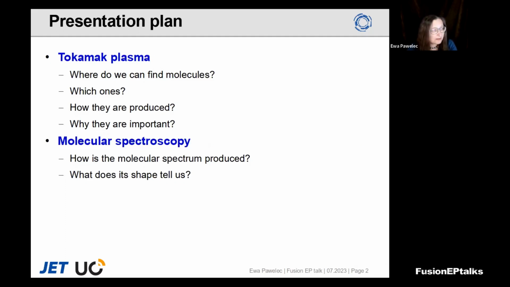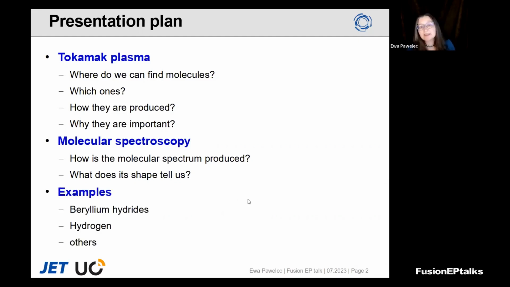And then how do we study, and especially about the shape of the molecular spectra, because the distribution of energy on the wavelength, meaning the shape of the spectrum, can tell us many things about how these molecules were created, how they are going to dissociate, and therefore how they are influencing everything that happens around.